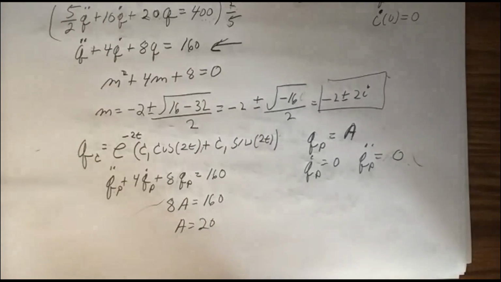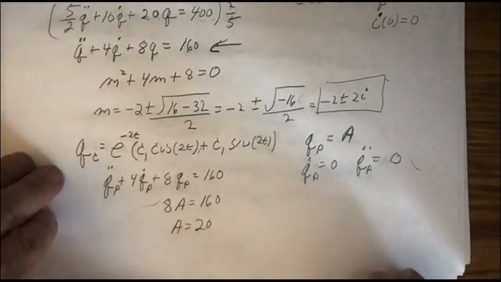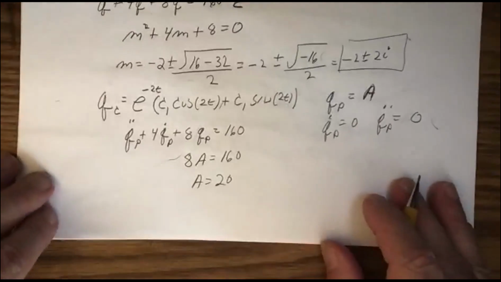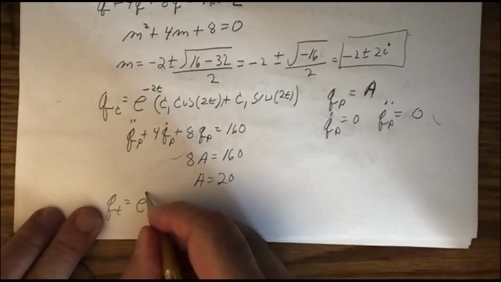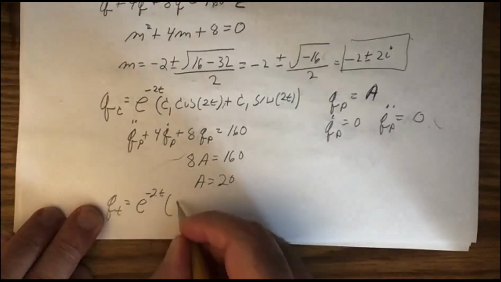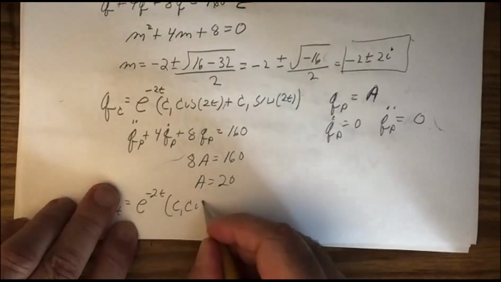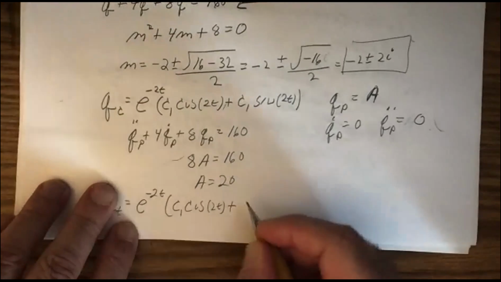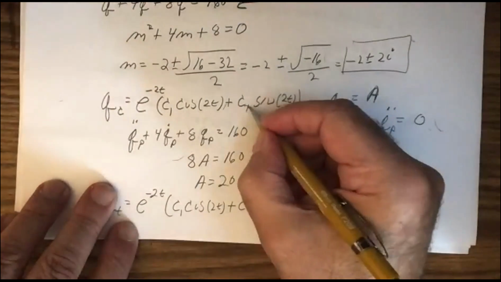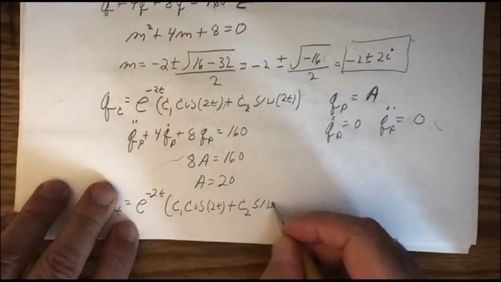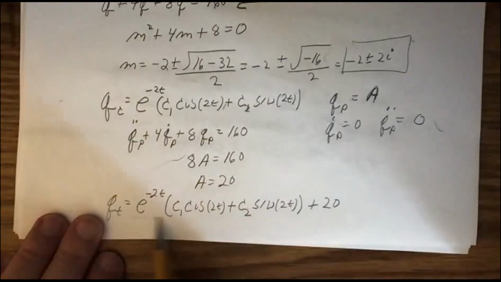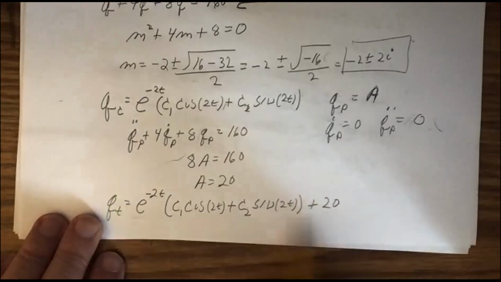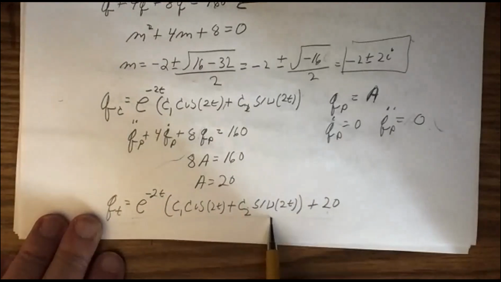So my total solution is e to the minus 2t times c1 cosine of 2t plus c2 sine of 2t, plus 20. This is my complementary solution, and this is my particular solution. And so this is my total solution.